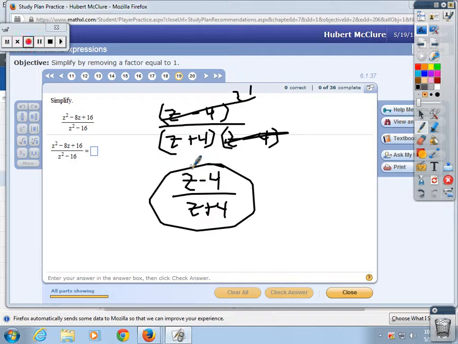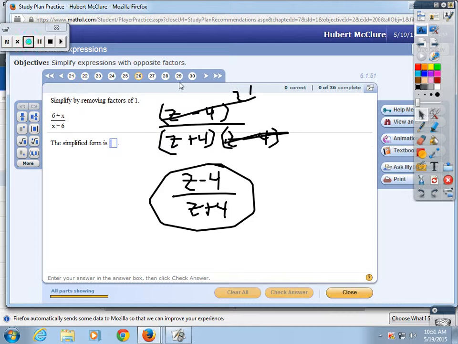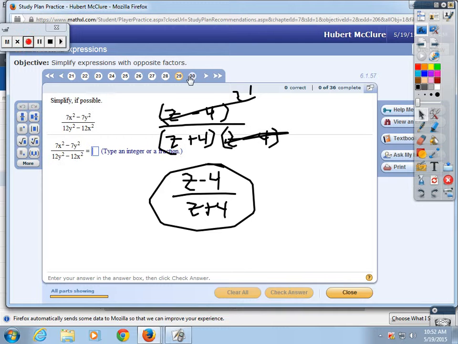All right, so let's move on to 6.2. Unless I see something, let me look and see if there's anything else. The same thing. Same thing. Take out a factor of negative 1. Yeah, these are all the same.